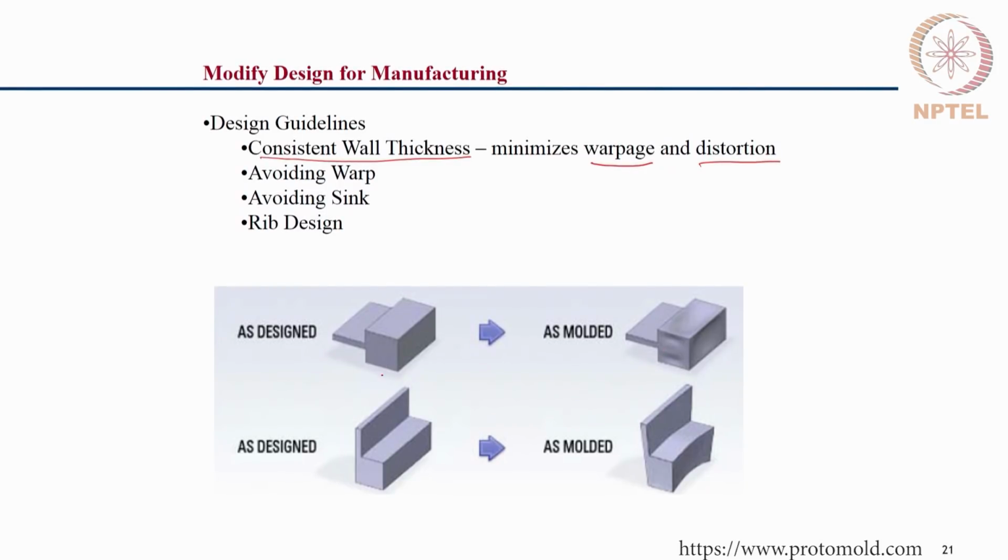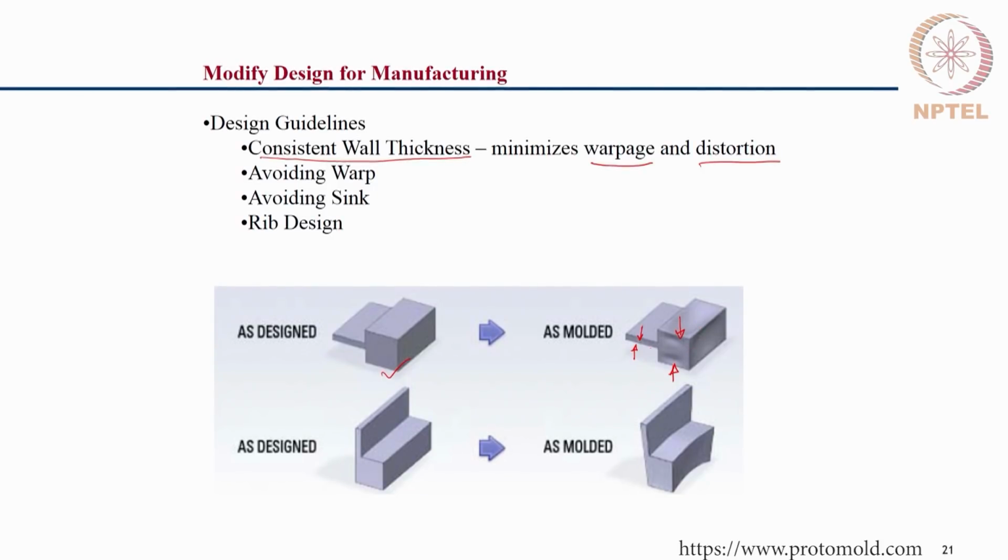This is the designed component, or what is expected from the mold, but here the wall thickness is this much and there is a sudden change in the wall thickness, because of which there is warpage and distortion.